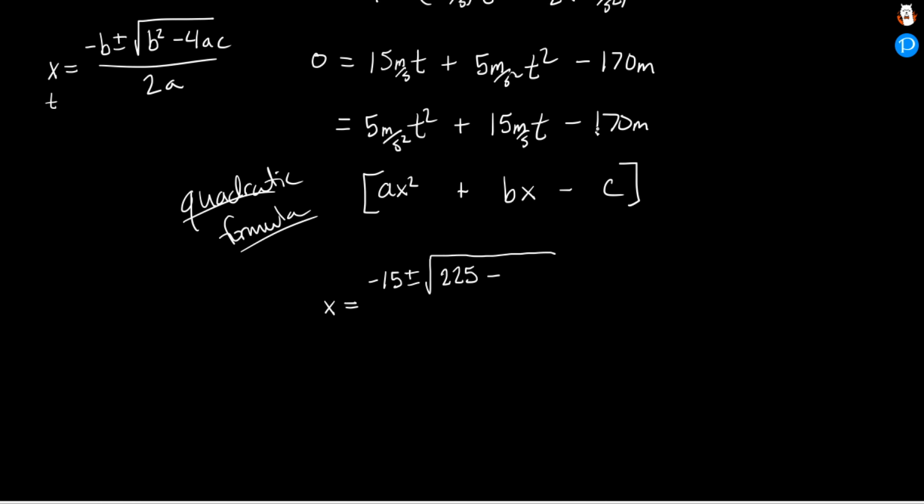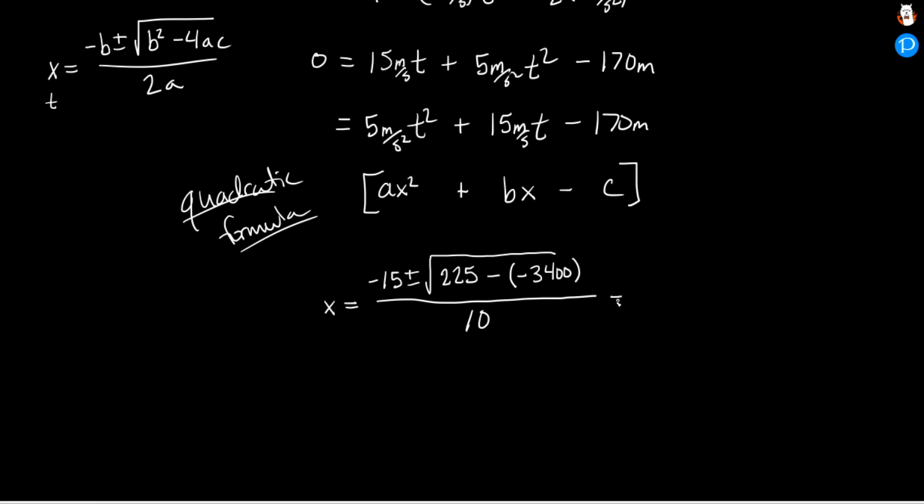Since this is minus 170, I'm going to put a negative there for that 170. So 4 times 5 times negative 170 works out to be negative 3,400, over 2 times a, so that's 2 times 5, so 10. And again, just leaving the units off for now, to make it a little simpler for us.